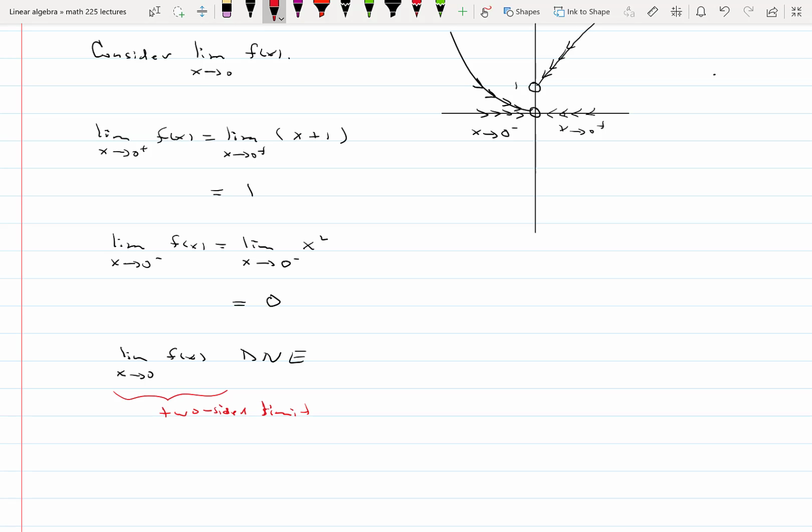So if the two one-sided limits either didn't exist or existed and equaled two different things, then we said that the general two-sided limit did not exist. So in order for a two-sided limit in Calc 1 to exist, we have to be able to approach whatever x value we're approaching from every possible direction, and have the y values approach the same thing.